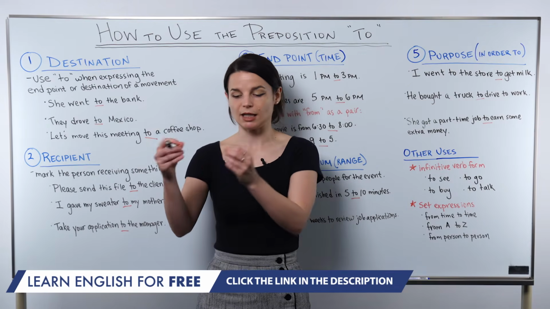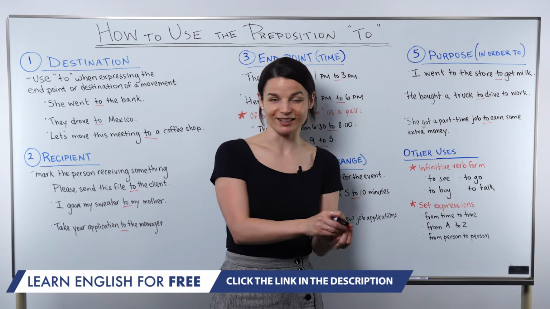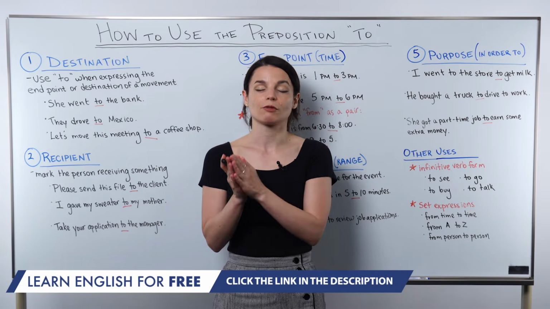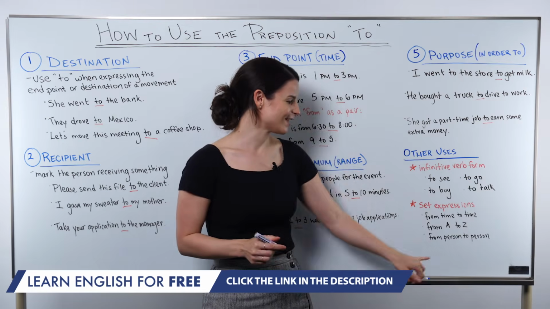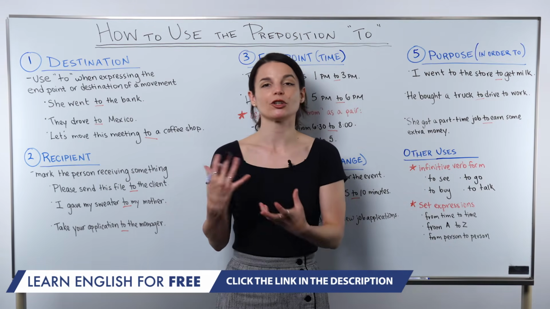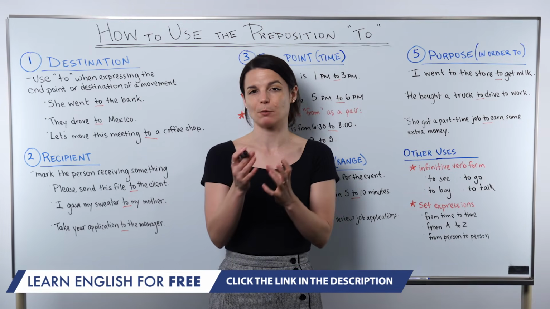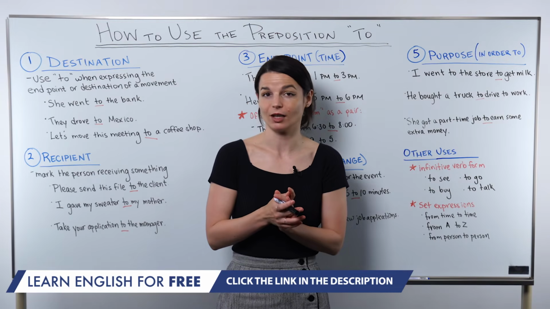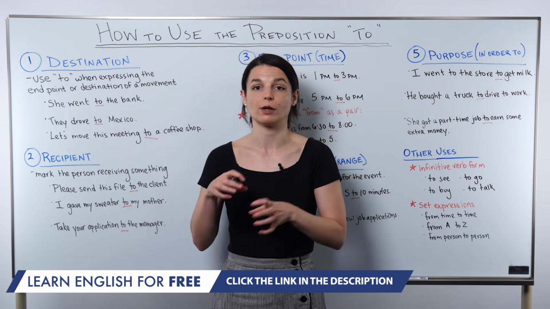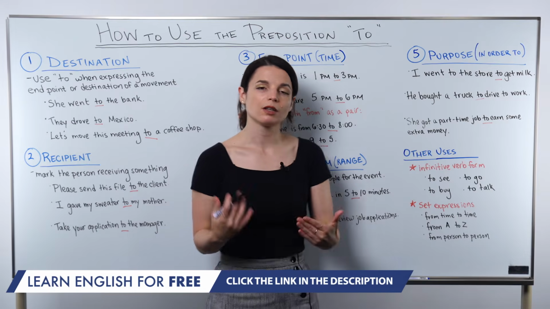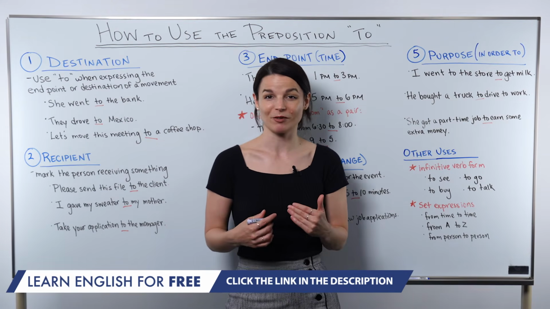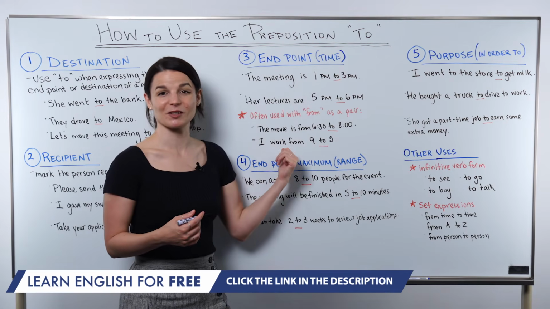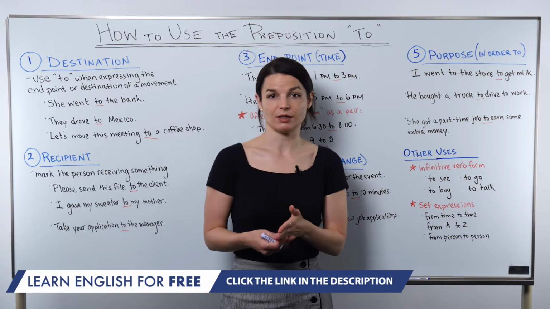So this means that each person has a different opinion in this example sentence. So this from person to person, or this from noun to noun, where the noun is the same here, usually refers to differences, or maybe just slight differences in each of those situations or each of those people. So these are a few set expressions that might be a little bit confusing when you see them the first time because they seem to follow this pattern, but they do have some specific uses.